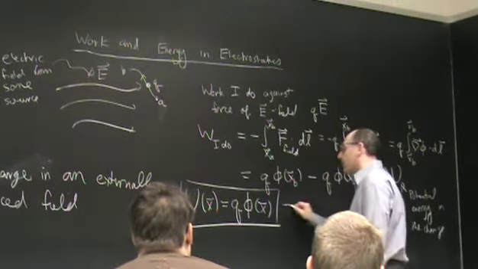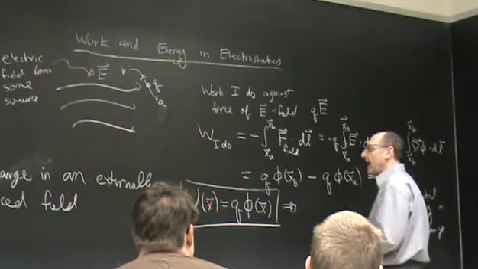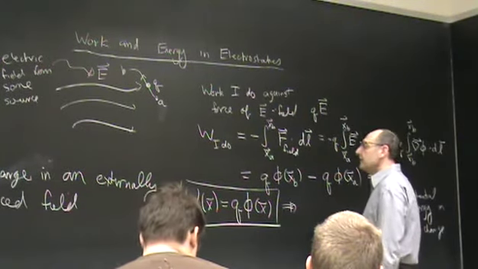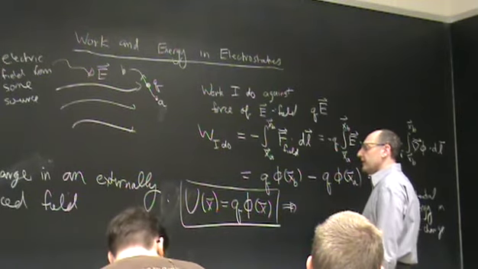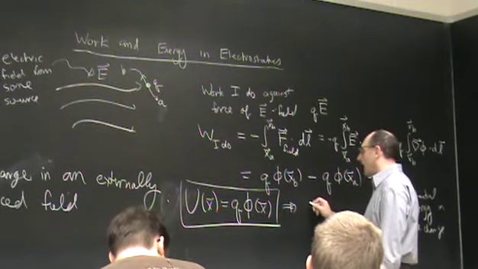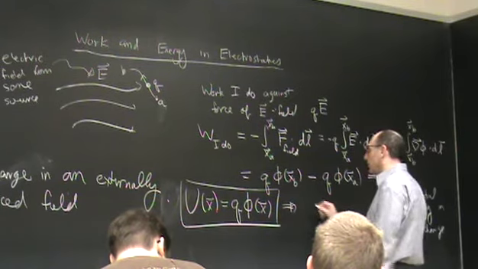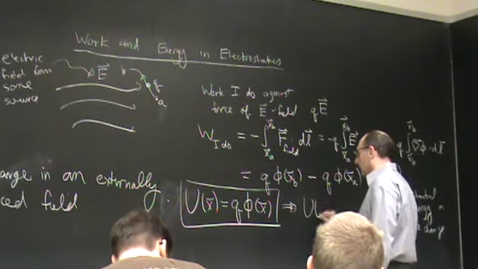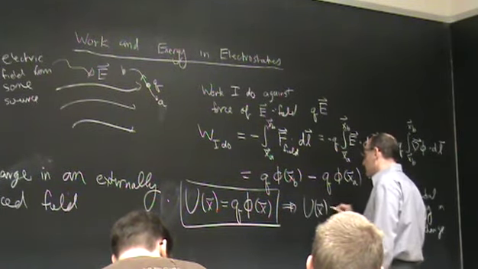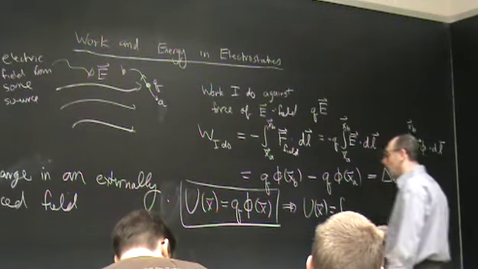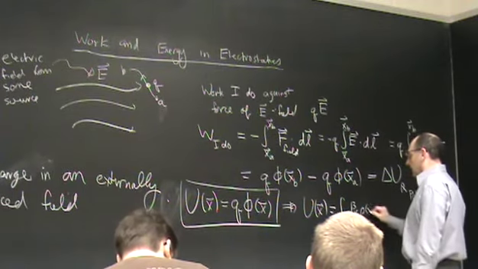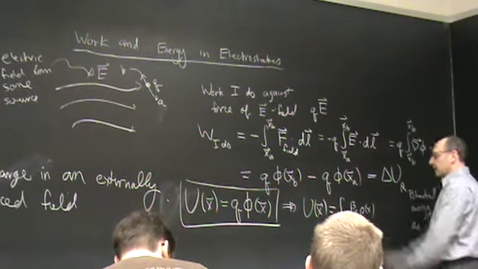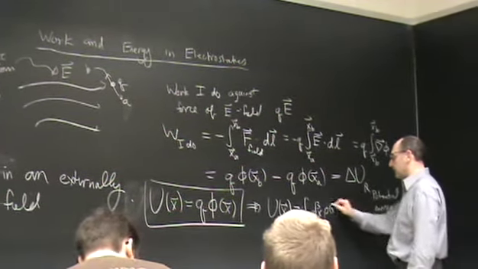Oh, by the way, of course, if we had a collection of charges, then we would just sum that, and if we turn that into a continuum, if we have a charge distribution rho, then we would say this would be the integral of the dq's, which is rho times the volume element times the potential.